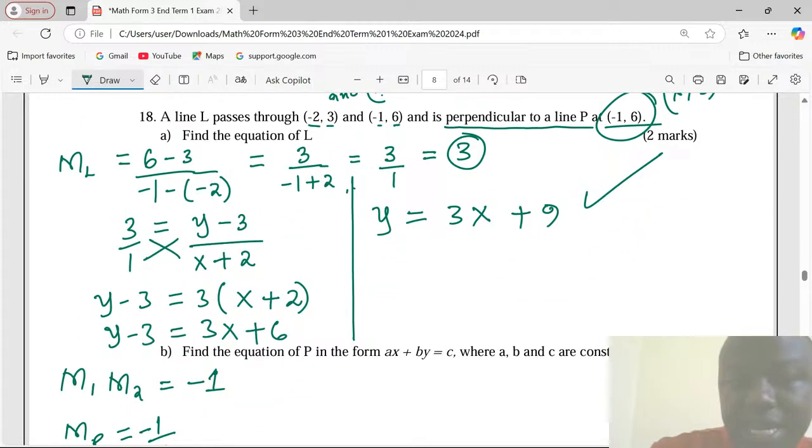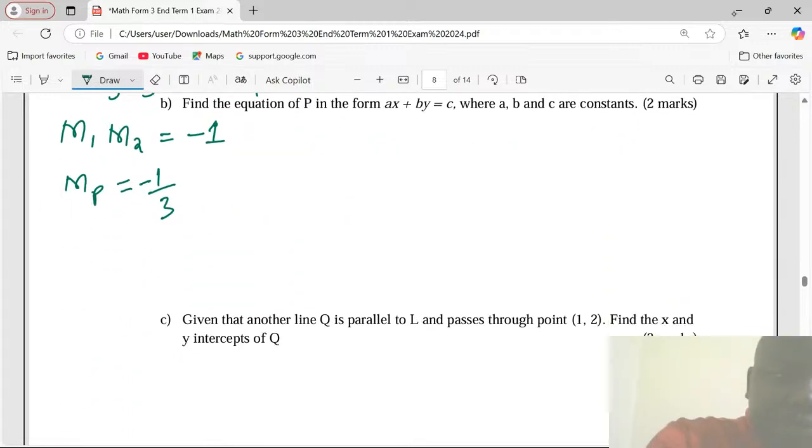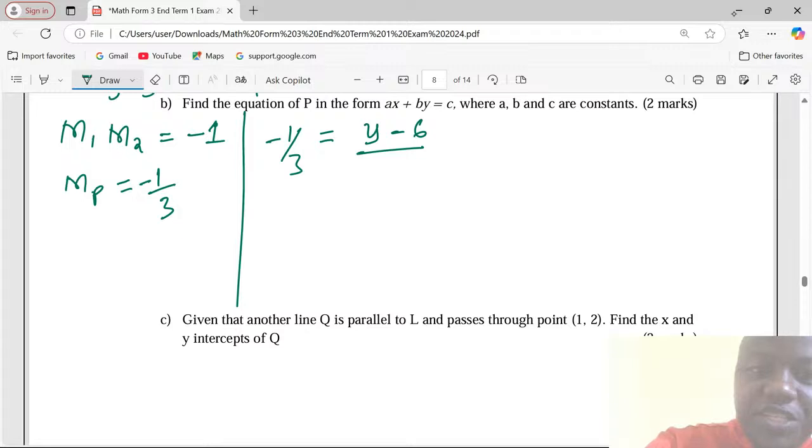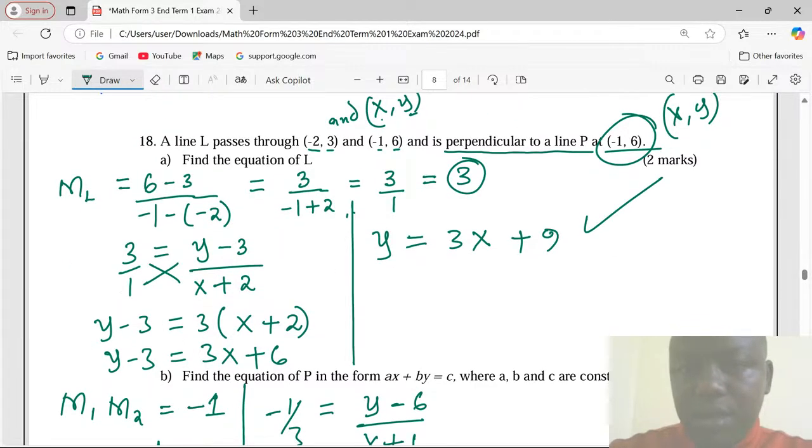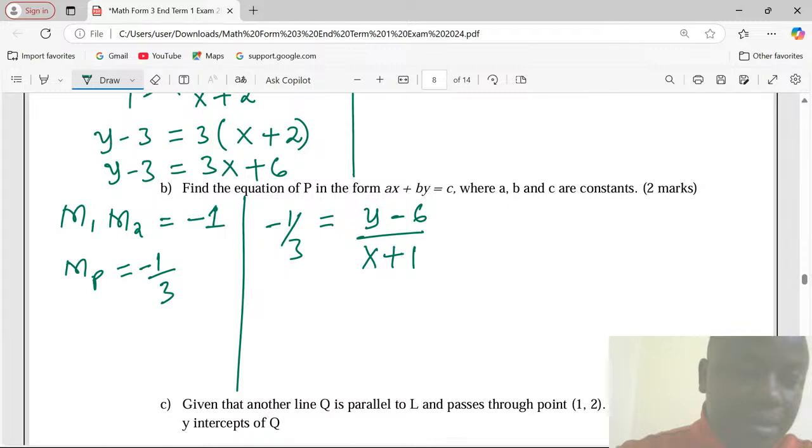So we need to say -1/3 equals y minus 6 over x minus -1, making it a positive.